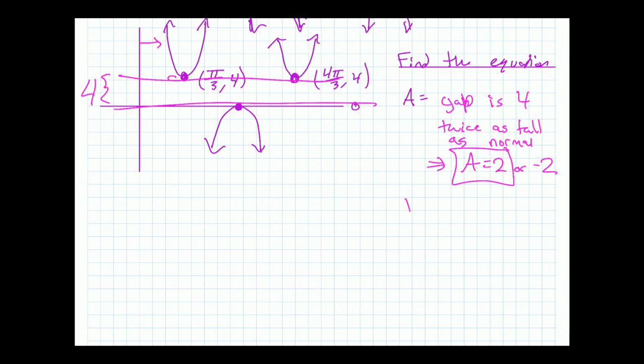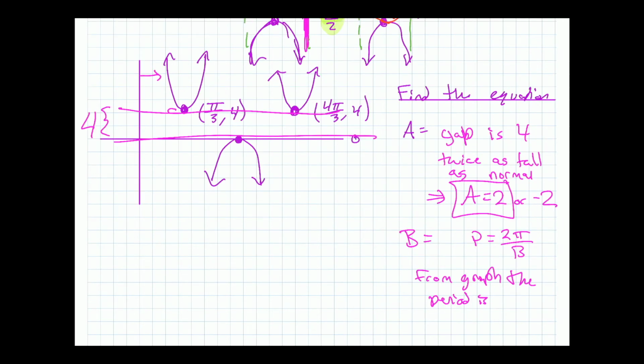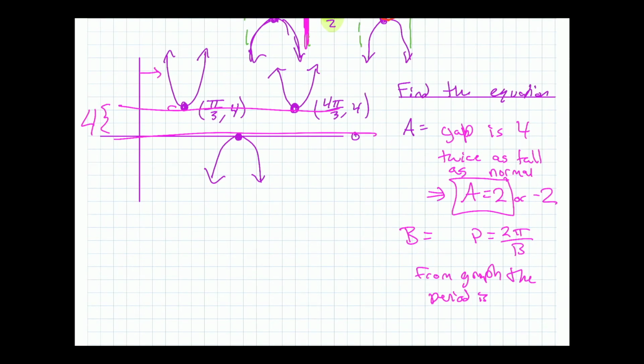All right, now B. We're going to use P equals 2 pi over B to find the B, but you need to know the period. From the graph, you have to measure. The period is from one of these U's to the next U. That's one period.